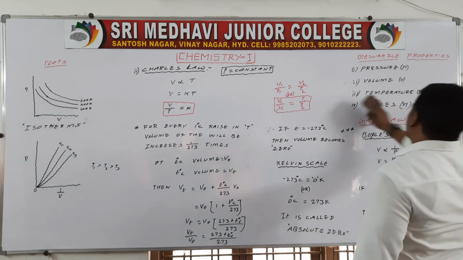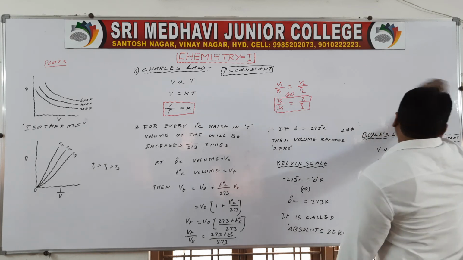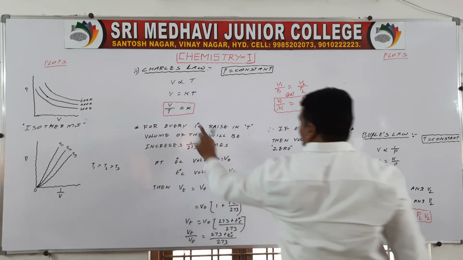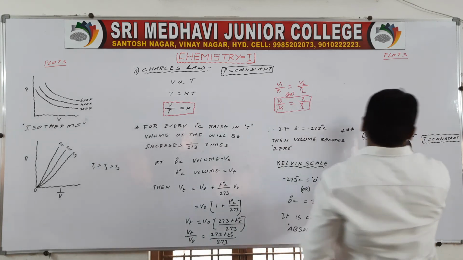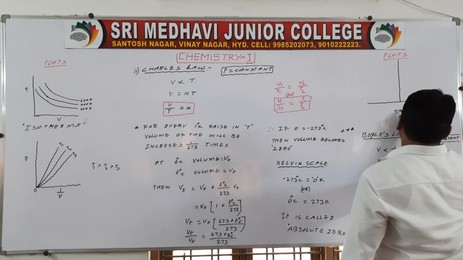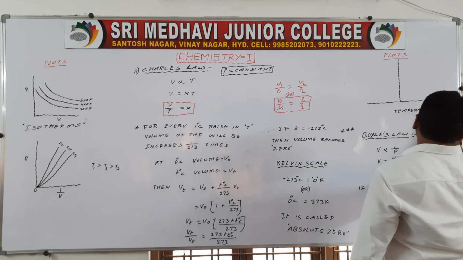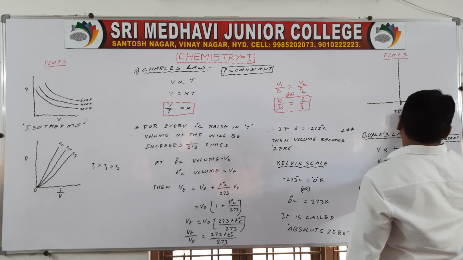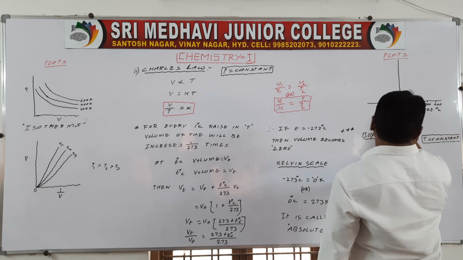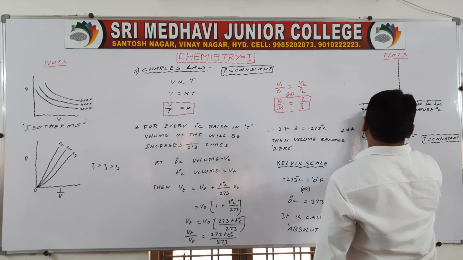Then if you draw a plot between volume and temperature, this axis is temperature in degrees Celsius: 0, 100, 200, 300, 400, and minus 100, minus 200, minus 300, minus 400.